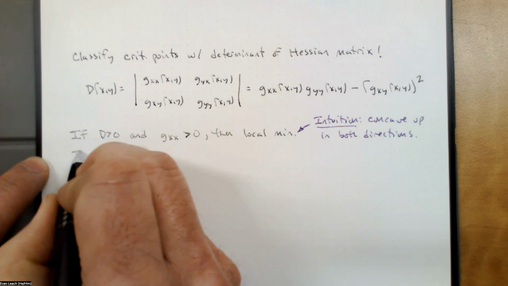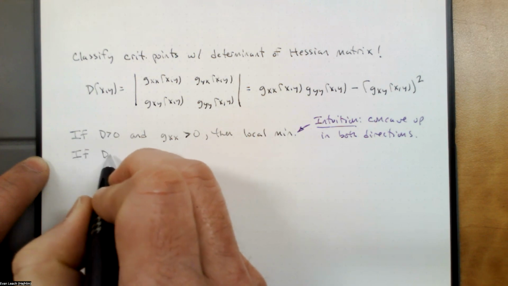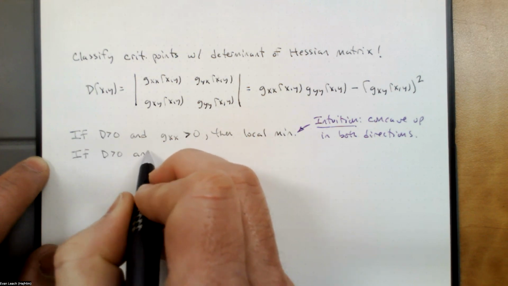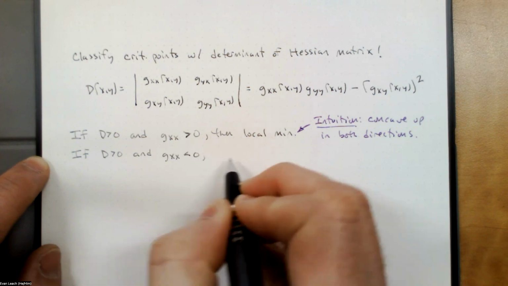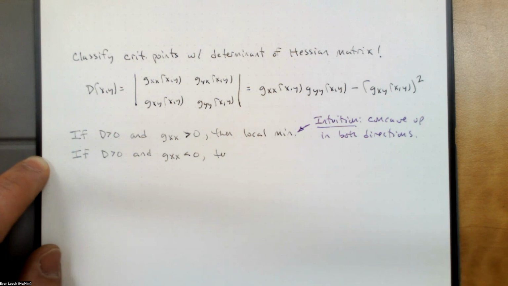Case 2, if D is positive and gxx is negative, then we have a local maximum.